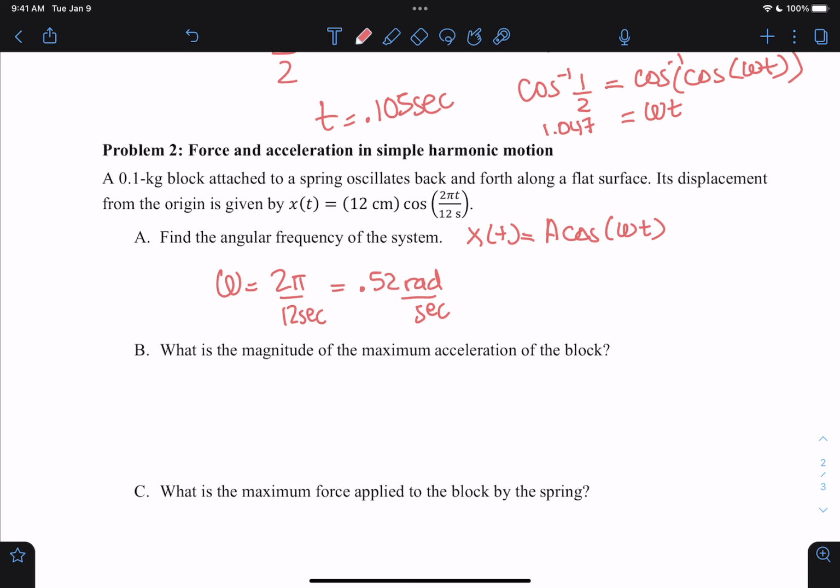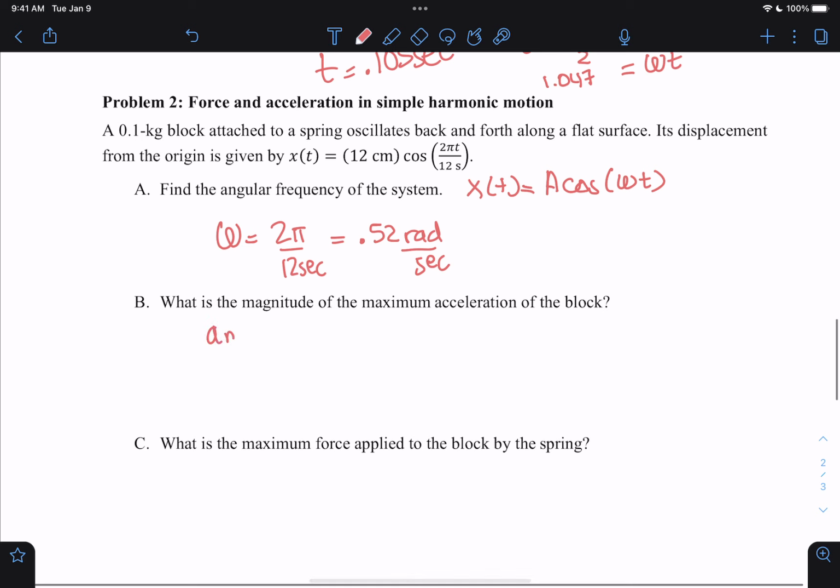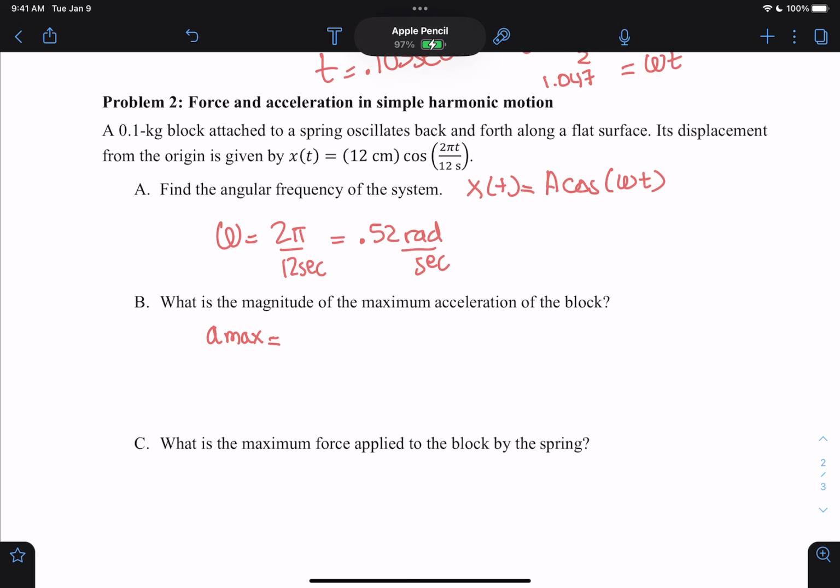Now, for the magnitude of the maximum acceleration, they're basically asking about a max. So a max here, does anybody remember? Oh, am I frozen again? Okay, there we go.